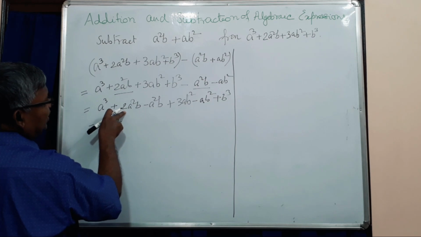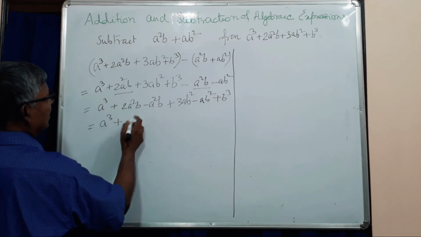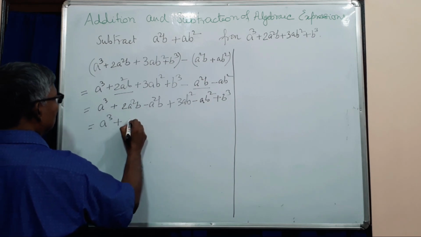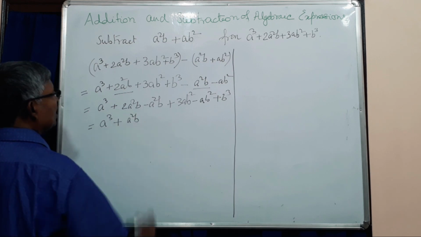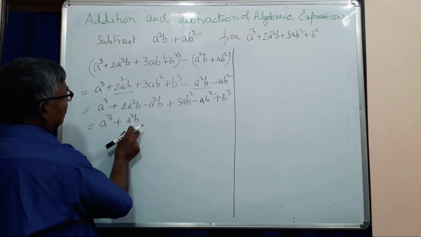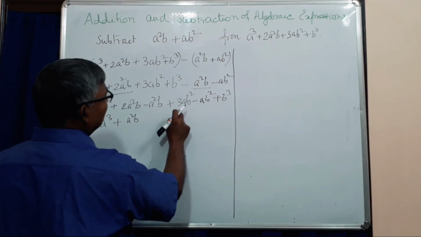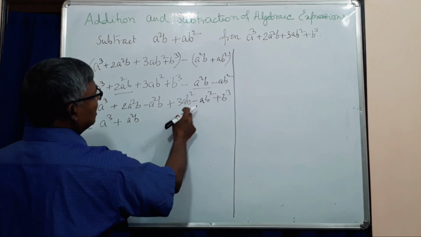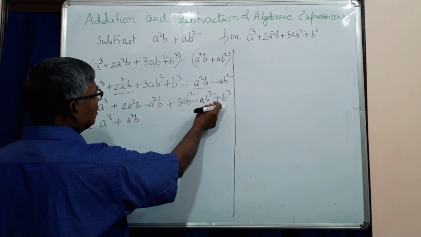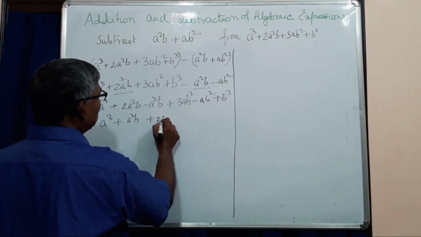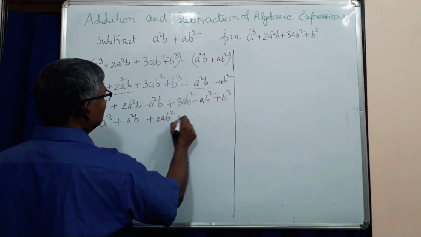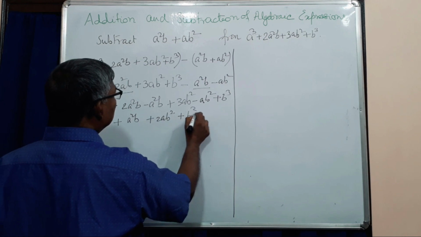Here 2a square b and here 1 a square b, so it will be a square b, and here 3ab square and minus ab square, that is 2ab square plus b cube.